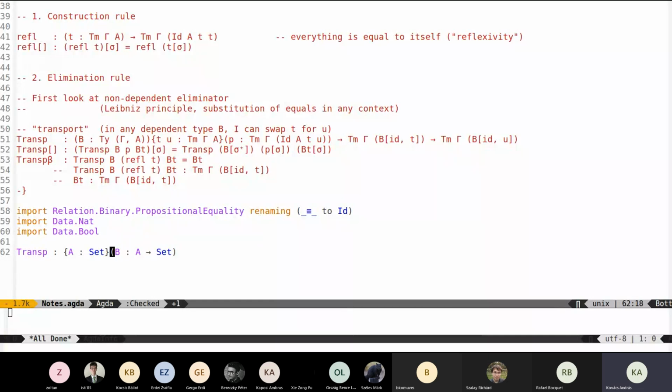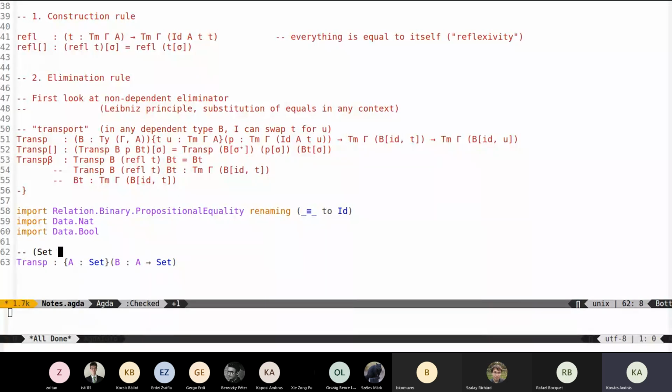Okay, so in Agda, I'm just defining this function. This is not a built-in operation. So if it were a built-in operation, then it would look a bit like this. But now I'm defining it, so the types are a bit different, because here I'm defining some definition with the function type, and the way I can talk about dependent types is by using the set, which is the universe.